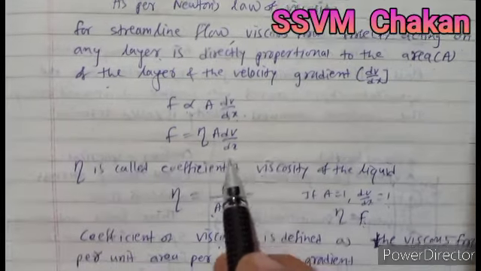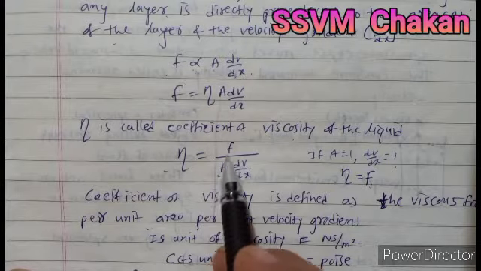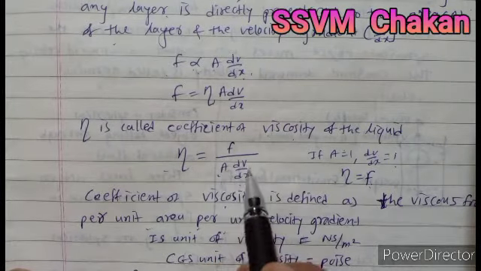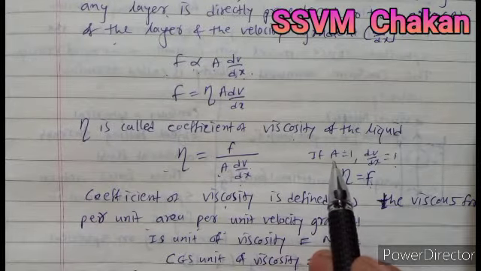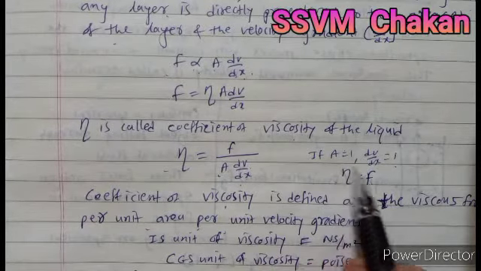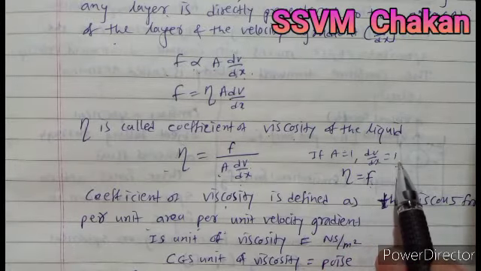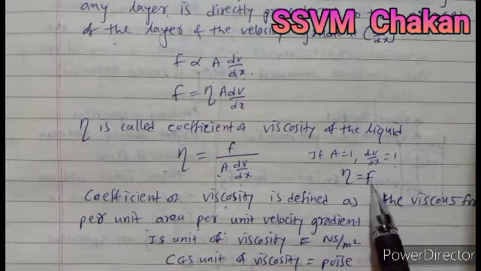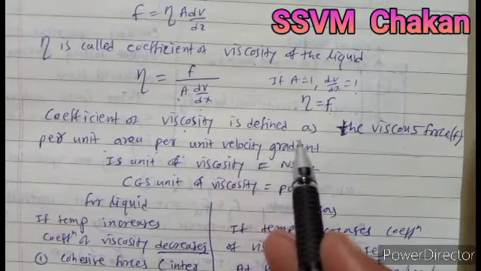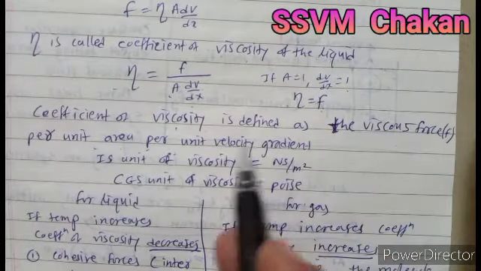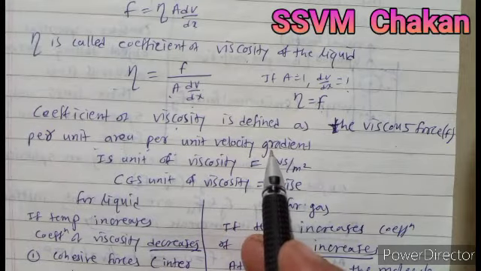From this formula, we write eta, the coefficient of viscosity, which is equal to F divided by A dv by dx. If you take the area as 1 and dv by dx, the velocity gradient, is also 1, then eta is equal to F. Coefficient of viscosity is defined as viscous force per unit area per unit velocity gradient.